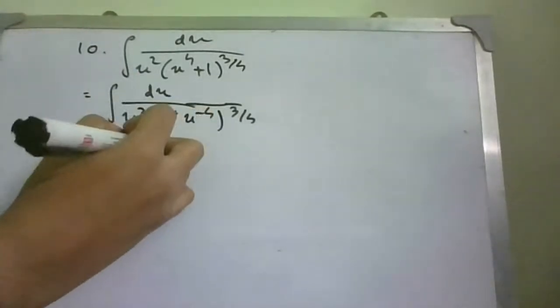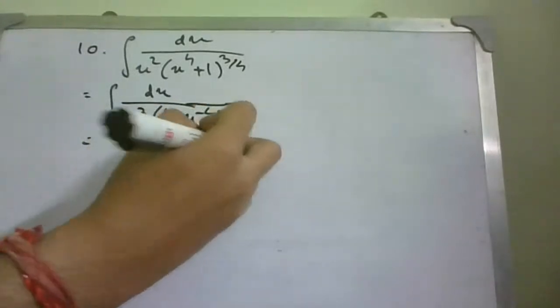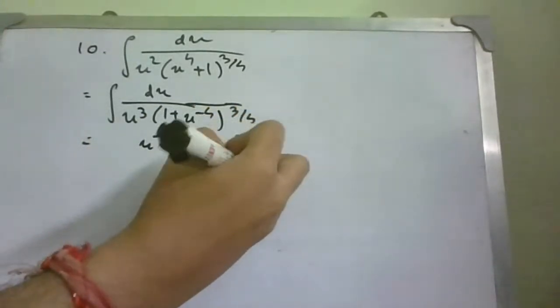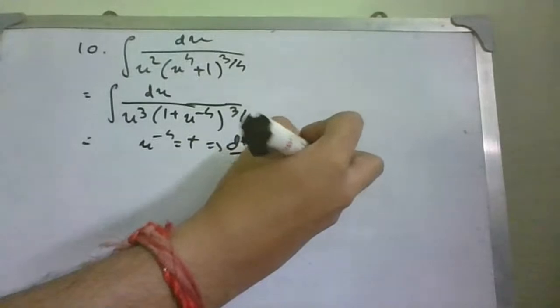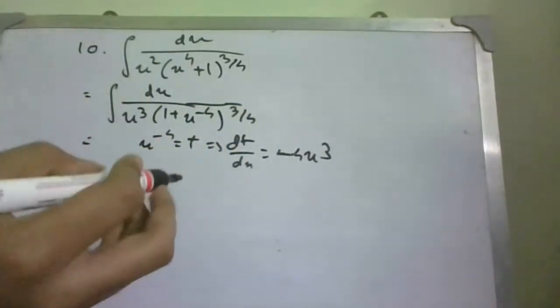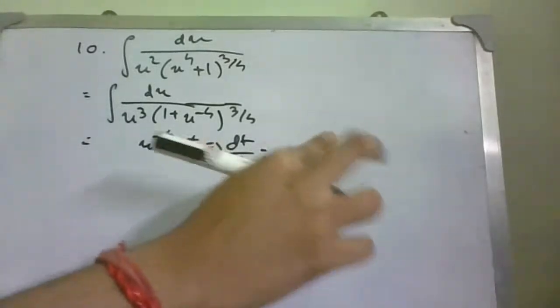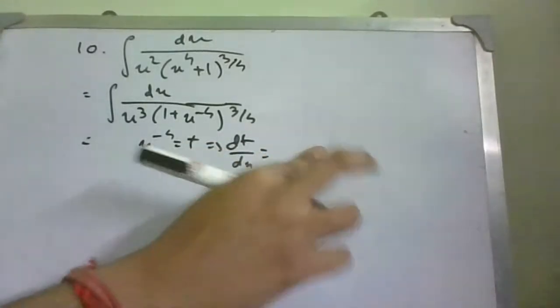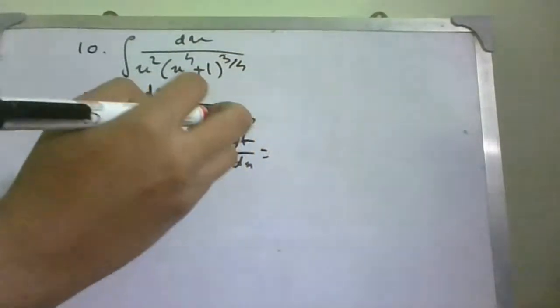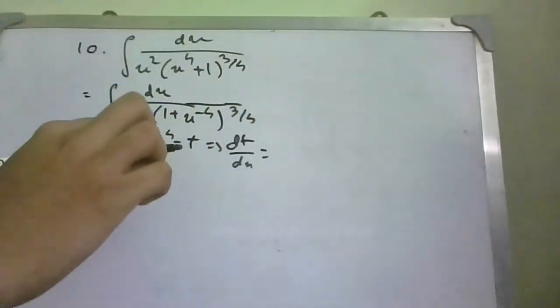Anyways, assuming that x to the power minus 4 is some t, dt over dx is minus 4x cubed. I'm very sorry, I actually made a mistake over here.